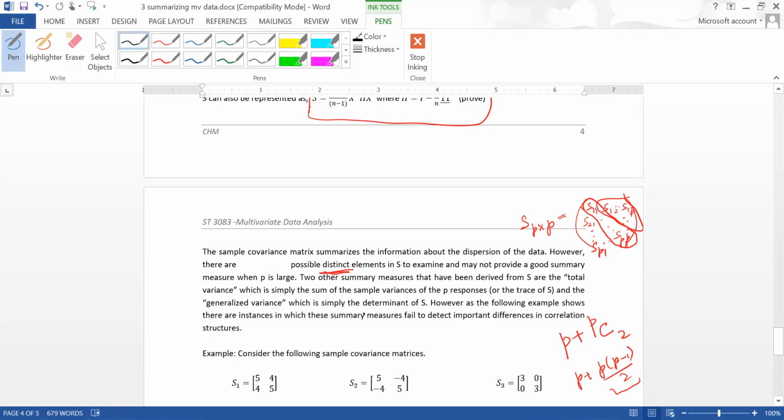If not, you can ask, I can explain again. Diagonal elements, that's P. Off-diagonal elements, PC2, P choose 2. So P plus P times P minus 1 over 2. That would be the possible distinct elements in S.